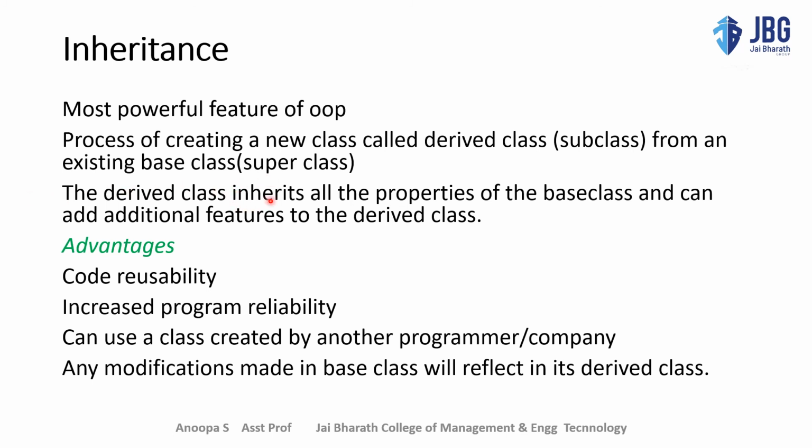The derived class will inherit all the properties of the base class and can add additional features. So the advantage is called reusability. That is, if you already have a particular class and you want to add only some additional features, you can get a derived class and add the additional features.